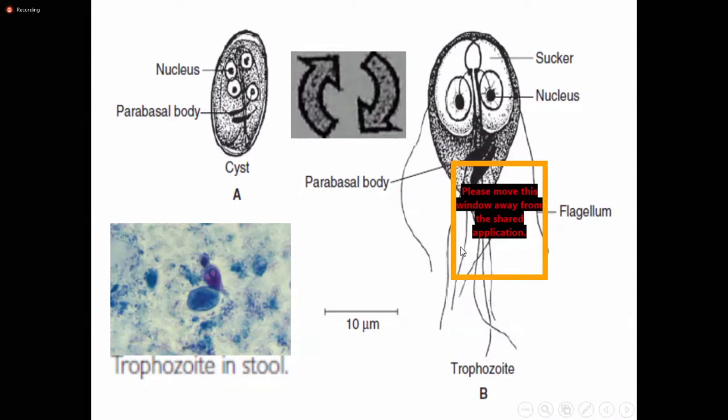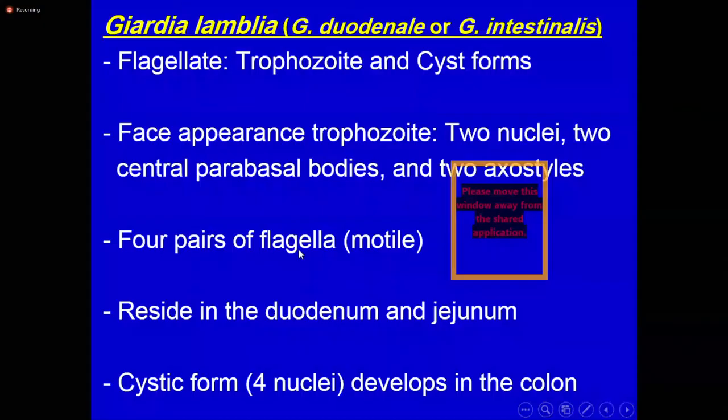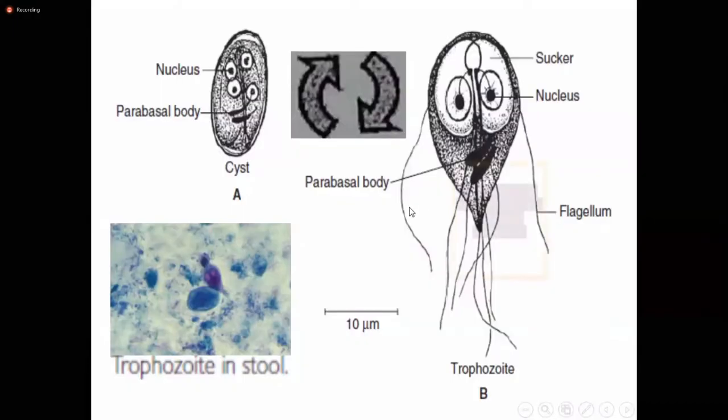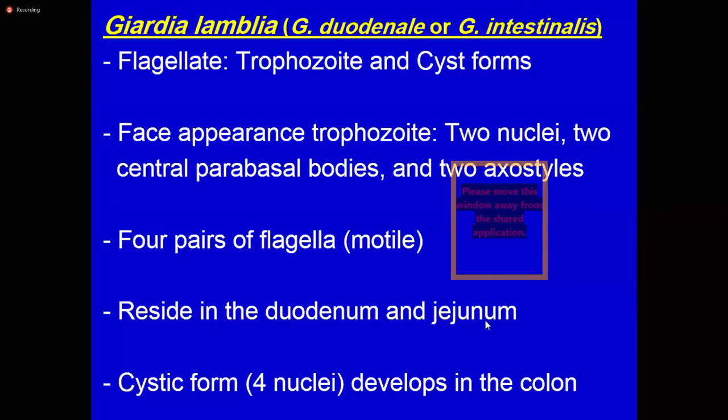These are the flagella side. They have 4 pairs of flagella. Okay, so 4 pairs, you can count them. They reside in the duodenum and the jejunum.